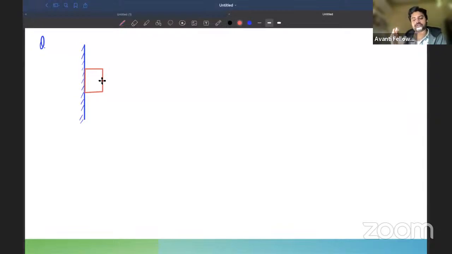So there is a block on this wall, right? इसका mass है 3 kgs, and the coefficient of friction mu static is equal to 0.5 and mu kinetic is equal to, let's say, 1, right? And somebody is pushing this block by a force of 100 newtons. ठीक है? तो imagine करो, imagine there is a wall and you are pushing a block.